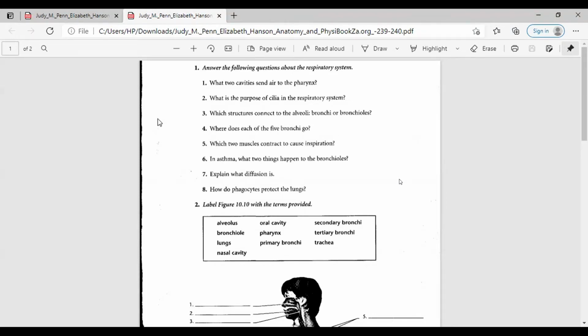Number 5, which two muscles contract to cause inspiration? 6, in asthma, what two things happen to the bronchioles? 7, explain what diffusion is. And number 8, how do phagocytes protect the lungs? Okay, so I will give you around 5 minutes to find the answers to these 8 questions.